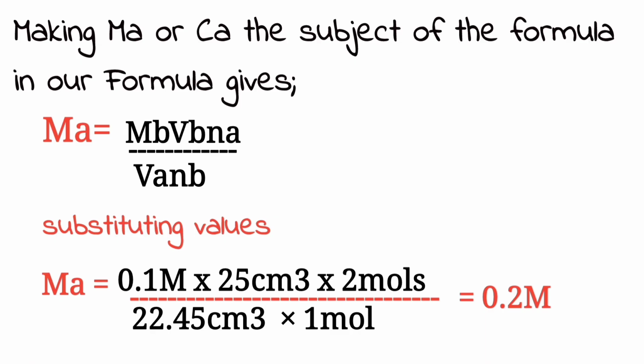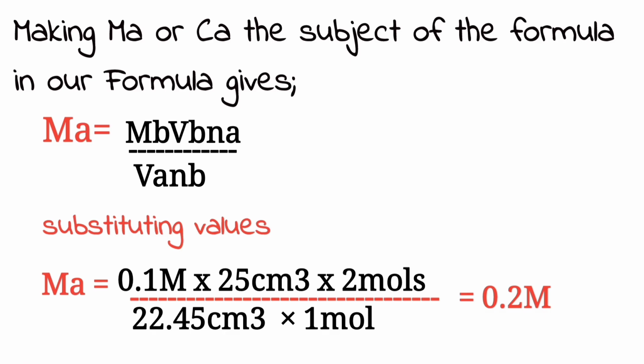Please don't forget, the volume of the acid is the volume we refer to as the titer, the one we summed accurate 1 and accurate 2 and we divided by 2. And we have our titer. We said that was the volume of the acid. We are saying that it gave us 22.45 cm cube times number of moles of base.